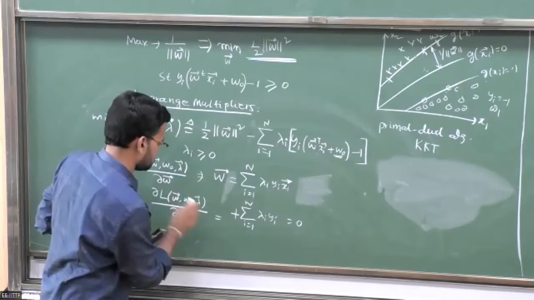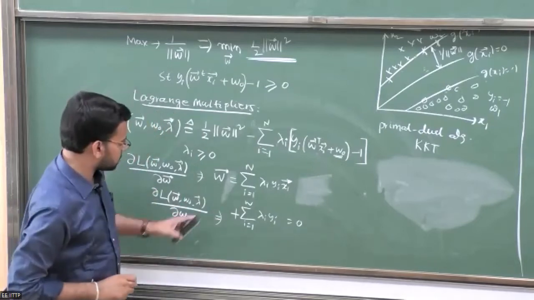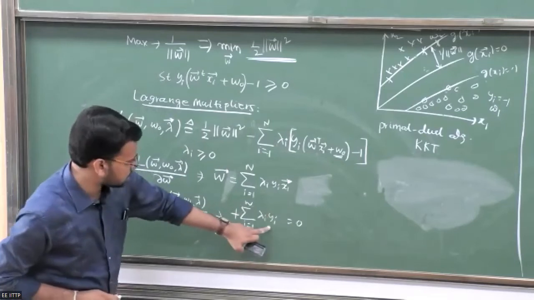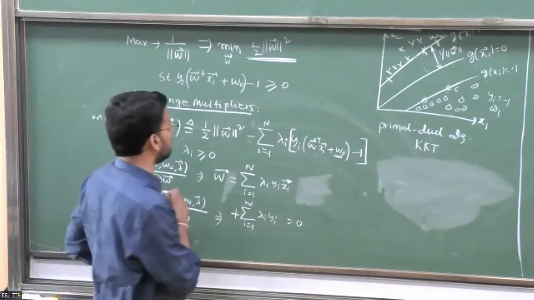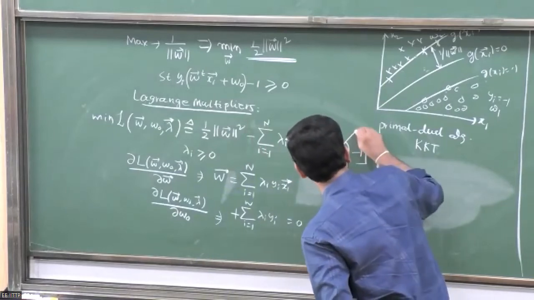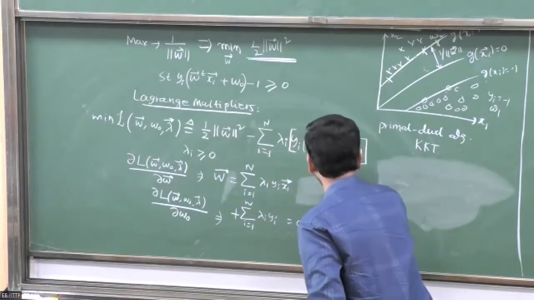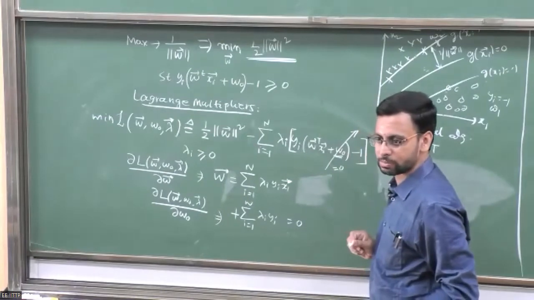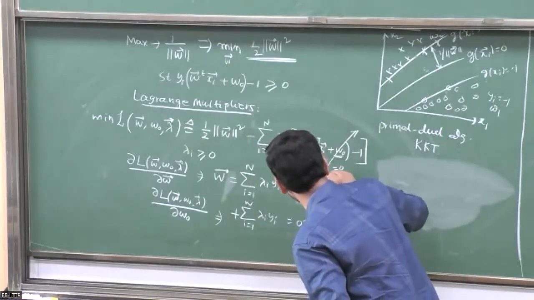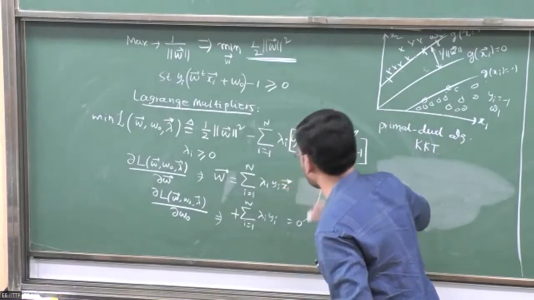So this is my w bar, and this is summation lambda i yi equal to 0. So what is going to happen? This term is 0. I don't want to write too many steps, so I'm just putting it here. This is as a consequence of substituting this result.